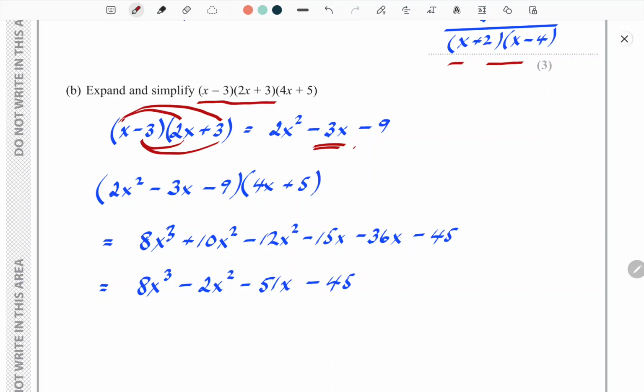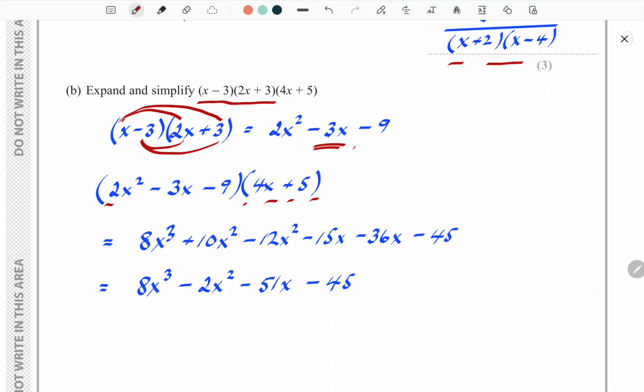So hopefully that's clear. You then multiply that quadratic, which is a result of the first two brackets being multiplied, by the third one. Okay. And again, there is no shortcut. Just methodically multiply everything out. And you're going to get 6 terms. Right.